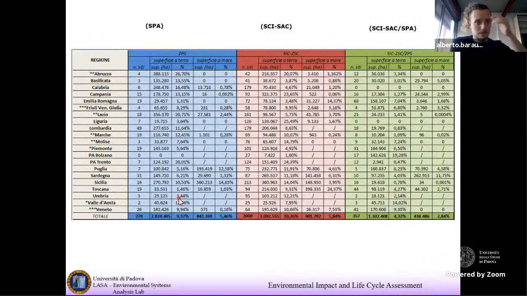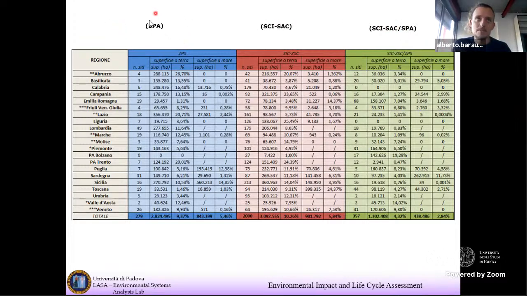And this table, this one is updated to last year, I think. I took it from the Ecological Transition Ministry, the former Environment Ministry of Italy website, and it shows the number of special protection areas or special areas of conservation and of sites of community importance.